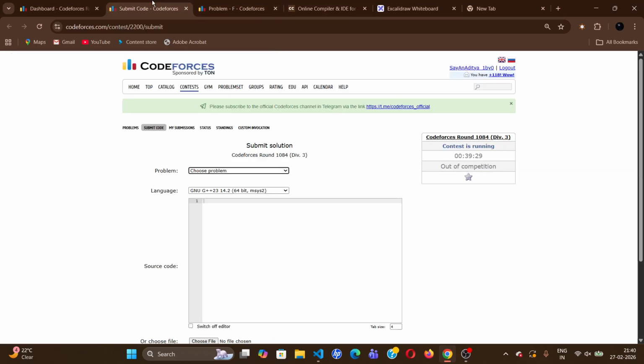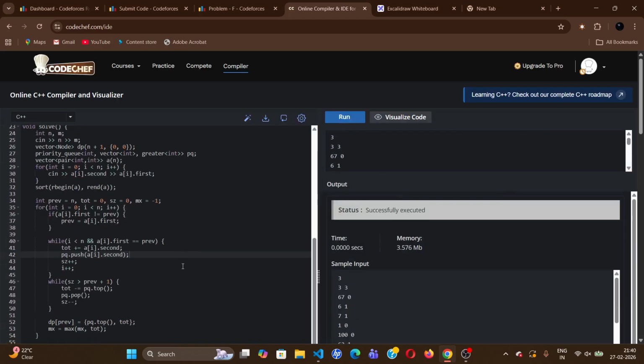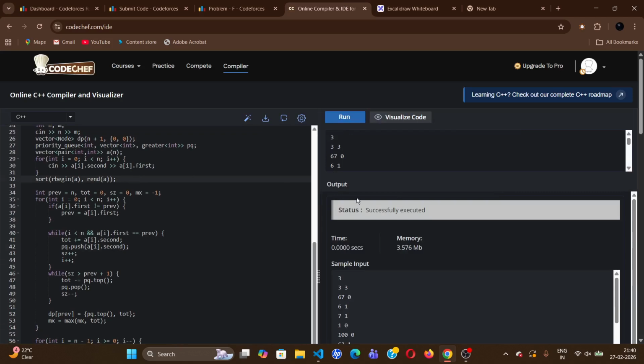So sorting them by begin, right. Code R begin R end. Okay, so 0 first. Begin like end first. 1 6 0 67 then 0 1. Yeah, it is.